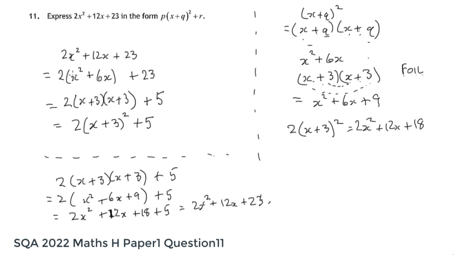So that was the clue: get that 2 out as a common factor in the first two terms and concentrate on that x squared plus 6x. Because it's a squared expression, each of them must be x plus 3. You notice the 3 is half of that 6. That's the heart of this problem and solving it. And everything else, we just mould it so that the thing fits in. So 2 lots of x plus 3 all squared plus 5. And that's in the form that we were asked to write it.